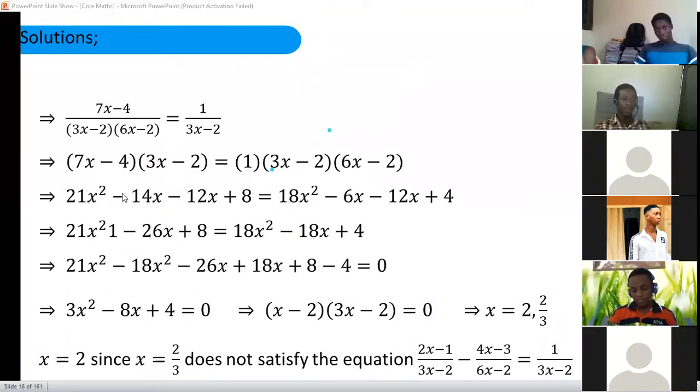So expanding the brackets, I have here, first the left hand side, 7x times 3x is equal to 21x squared. Then 7x times minus 2 is equal to minus 14x.